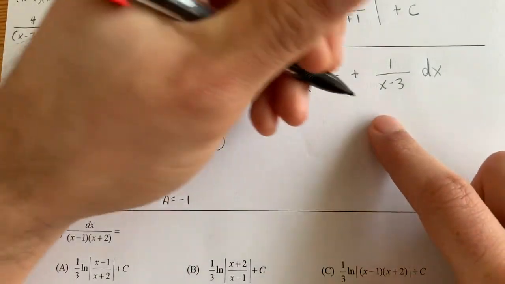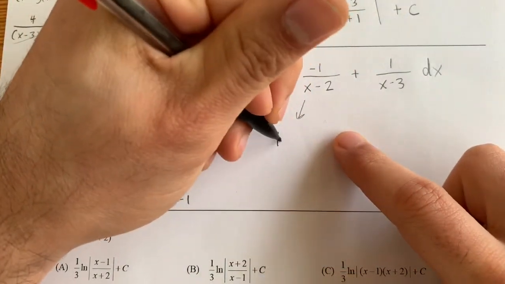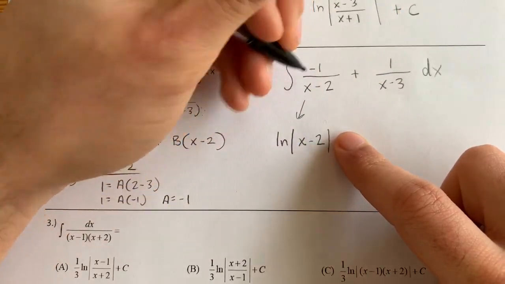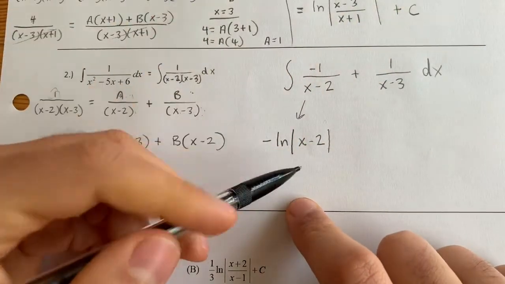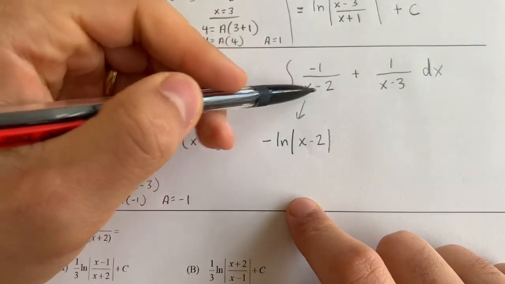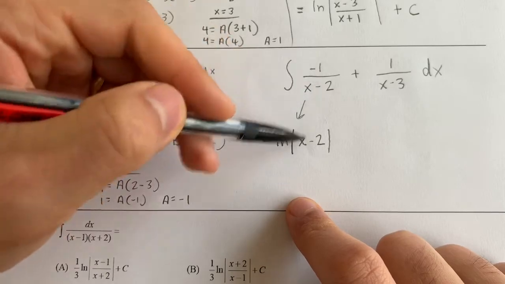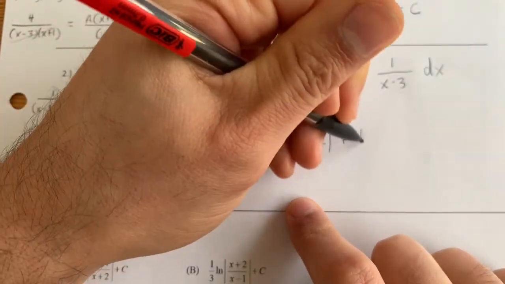So as we antiderive this piece, we see the structure of an ln, but it's going to be a negative. And then when I derive that, it'd be 1 over x minus 2 times the derivative of the inside, which is just 1. So this works. And then same idea here.